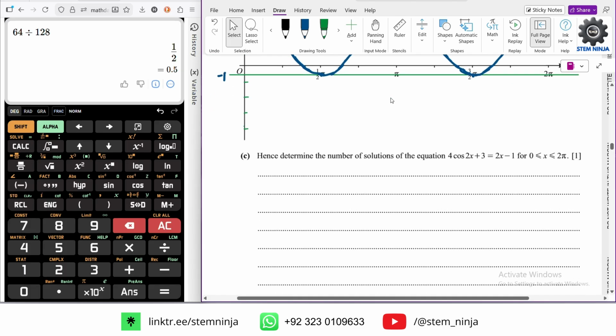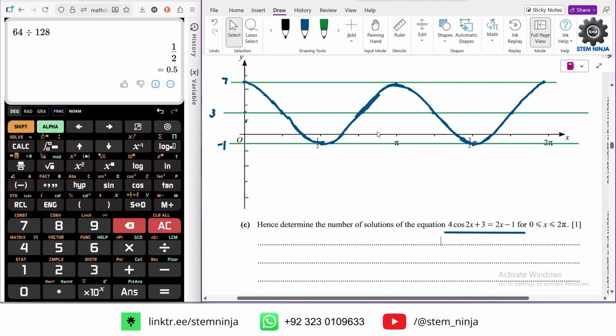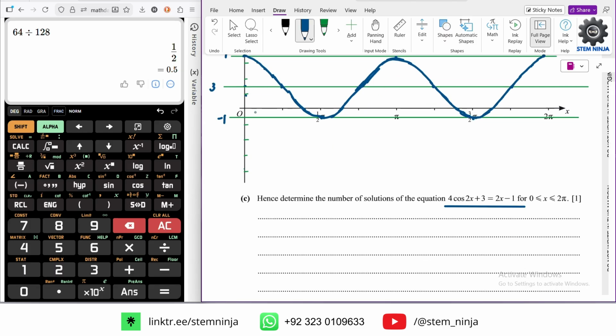Hence determine the number of solutions of the equation this equals 2x minus 1. So that means we need to sketch this. So 2x minus 1, so one point is -1 itself. So y equals 2x minus 1. For example, where it crosses pi or half a pi.